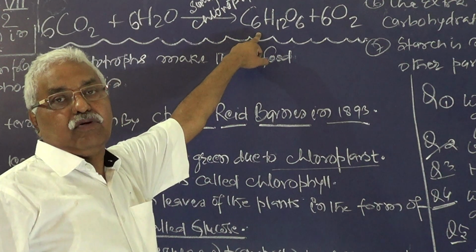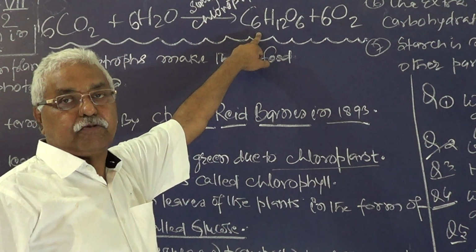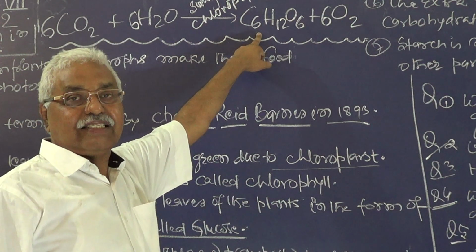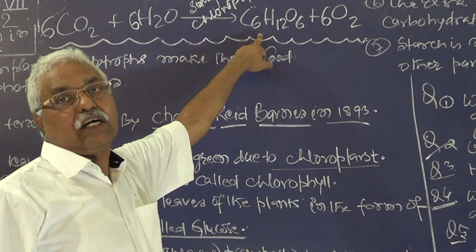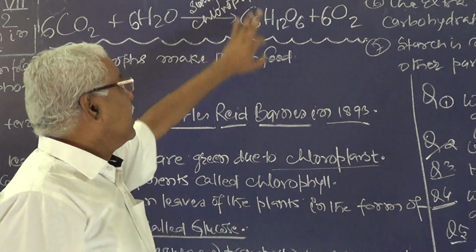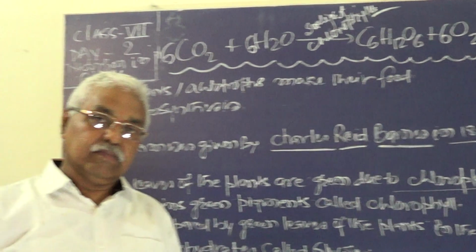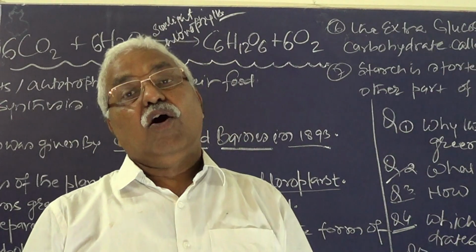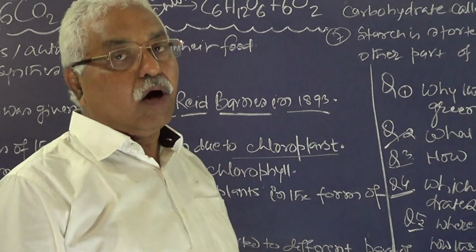The extra glucose, which could not be converted into sucrose, gets converted into starch, and that starch remains in different parts of the plants. Starch is also a complex carbohydrate. So we have explained this reaction. In the next class we will go into details of carbohydrates, chlorophylls and carbon dioxide, all details of photosynthesis. Thank you. Pay attention to all question answers.